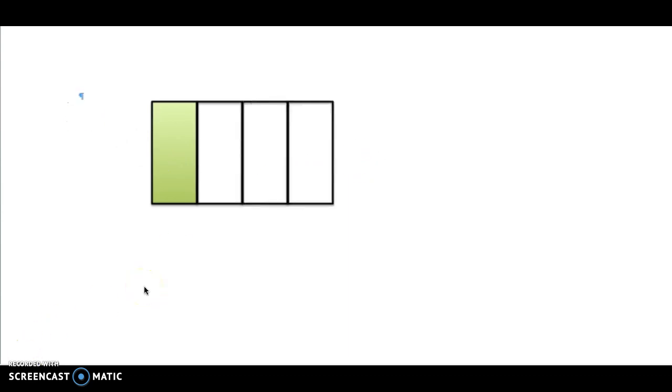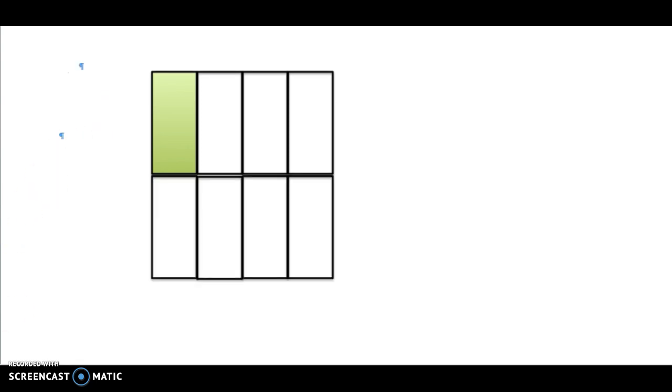This diagram has now been divided into 4 equal parts. One of the 4 equal parts has been shaded. So the fraction that is shaded is 1/4, which we normally write like this.